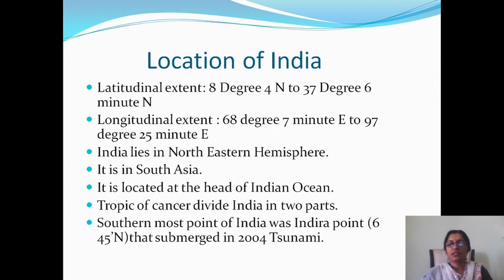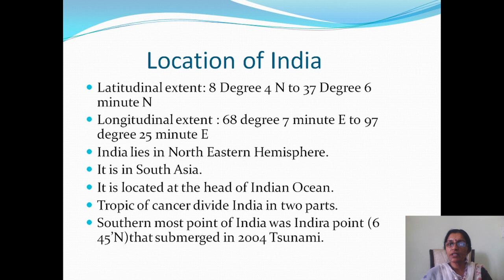Tropic of Cancer, 23.5 degree north, divides India into two parts. You have to note down the name of states through which Tropic of Cancer passes. Now let's talk about extension in latitude.